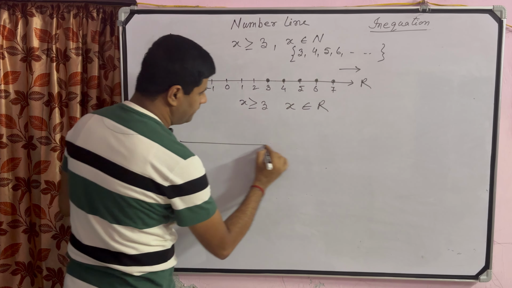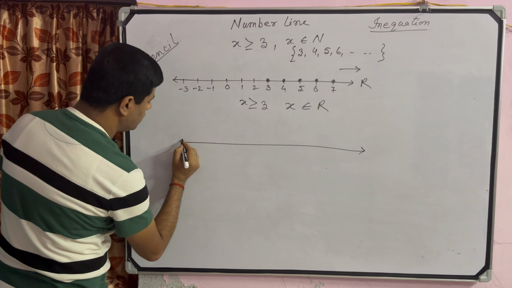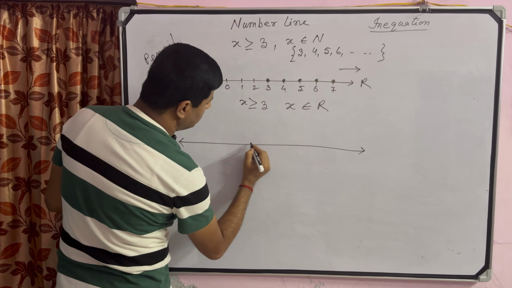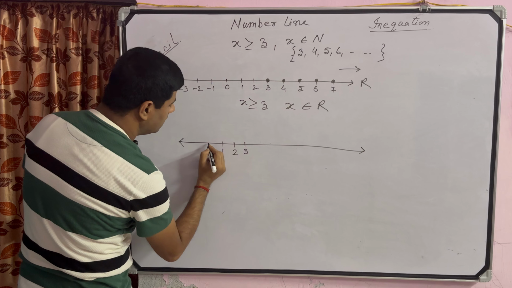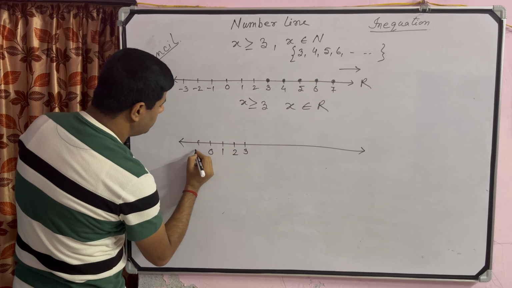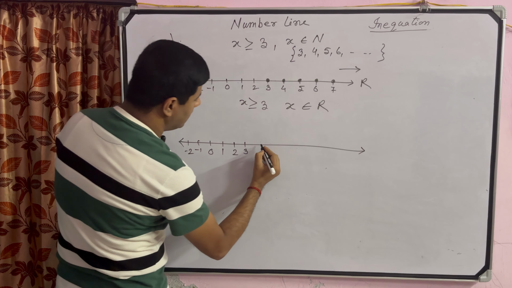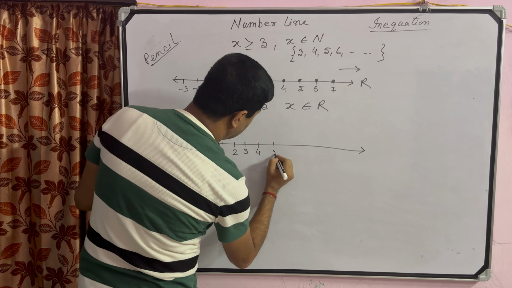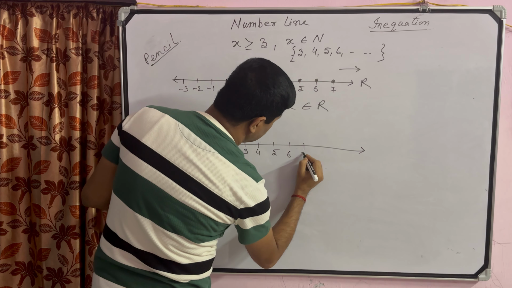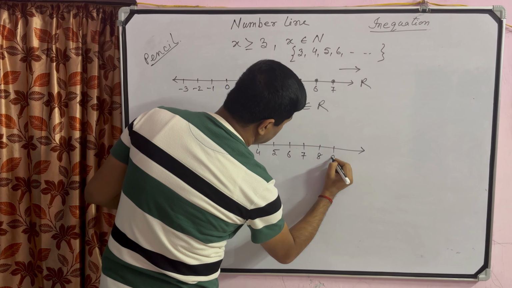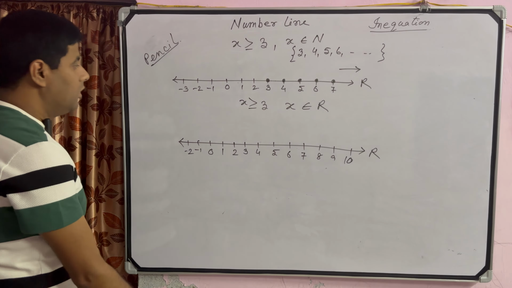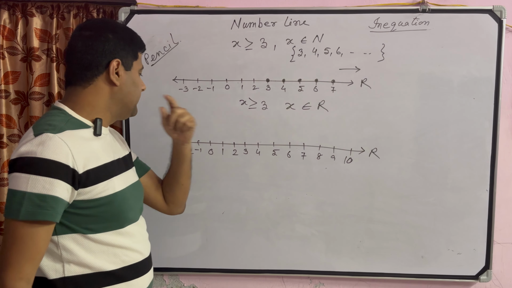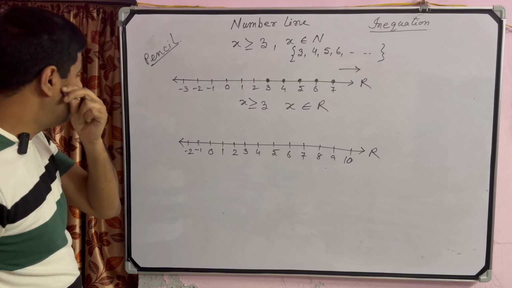So what do you have to do? You can do like this. Let me show you. Suppose this is 3, and before that you will write down the rest of the numbers, obviously: 1, 0, -1, -2 like this. Then 4, 5, 6, 7, 8, 9, 10 like this, and it's a real number. So what do you have to do? x is greater than or equal to 3, and it's a real number.